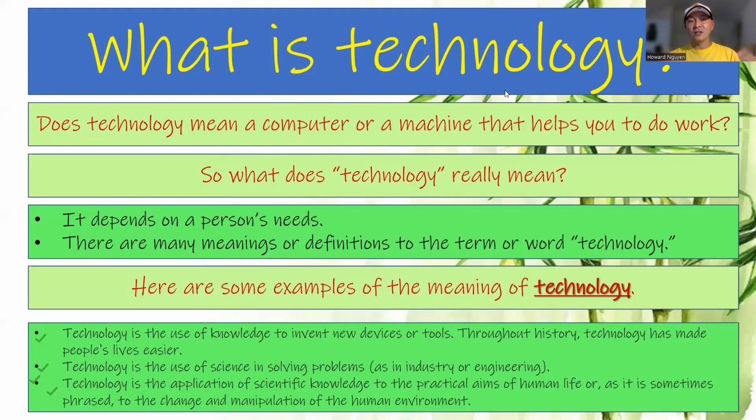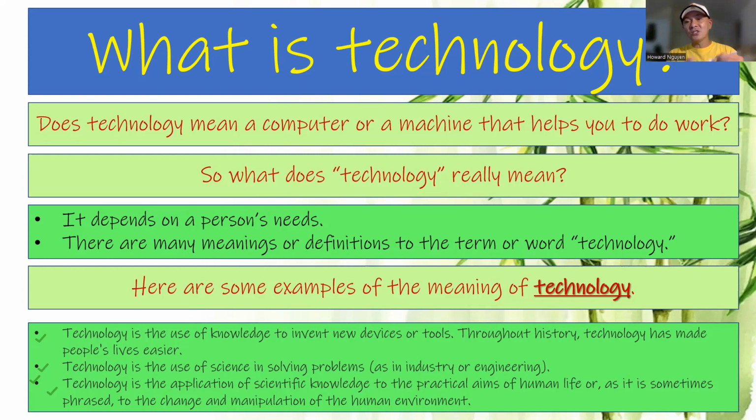So do you have an understanding of what is technology? Technology can be many things. When we talk about technology, it's not just about a computer or a television. It can be many things. For example, many years ago, in the beginning of time, we may not have had a fork, but because of the advancement of human development, because of the advancement of technology, we were able to come up with a thing called a fork.